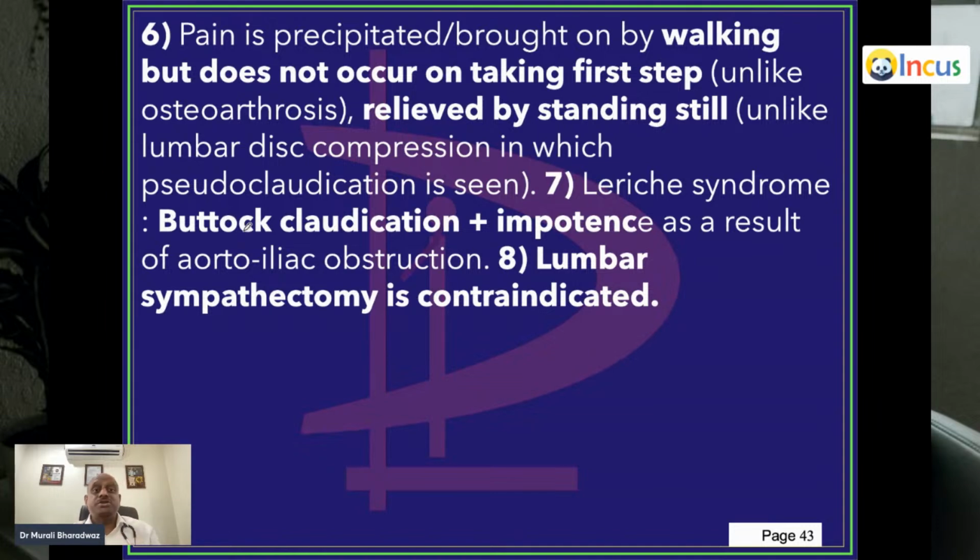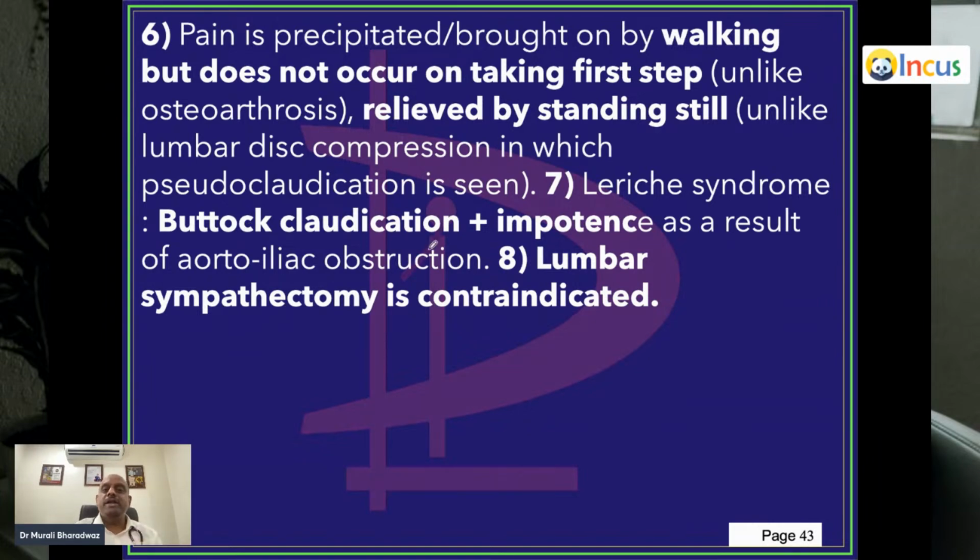This is unlike what you see in osteoarthrosis. Whenever the pain is relieved by standing still, that is the pain of vascular claudication, unlike lumbar disc compression where pain is not relieved by standing still.